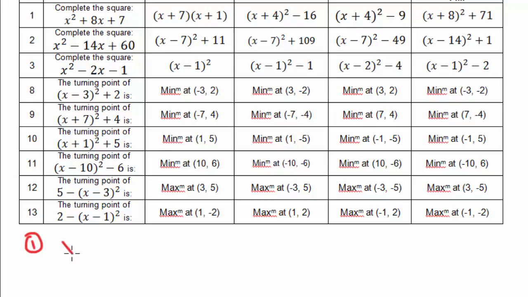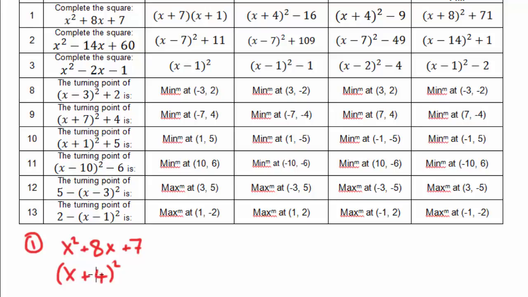So remember, complete the square. Just write out the first one here. What we then do is we have in the brackets x squared. Now, we look at the middle term, the coefficient, and we half it. So we use that sign and it's plus 4.